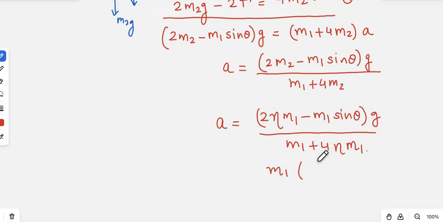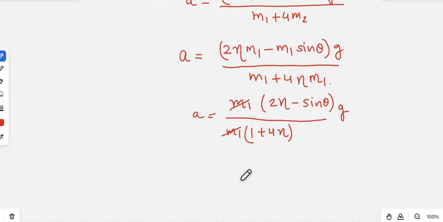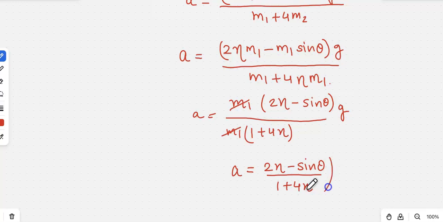So this will become 2 eta minus sin theta upon 1 plus 4 eta, times g. This m1 gets cancelled, and thus the acceleration is 2 eta minus sin theta upon 1 plus 4 eta, times g.